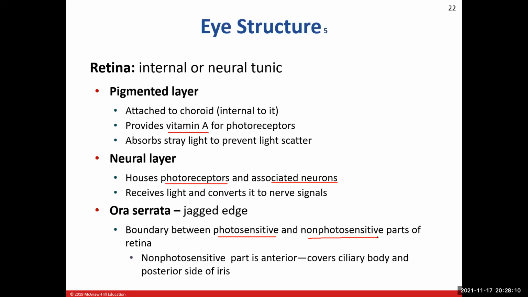All right, so the non-photosensitive part is closer to the anterior portion of the eye, right? And so we're going to see this area here covering the ciliary body, and then a little bit on the back side of the iris here.